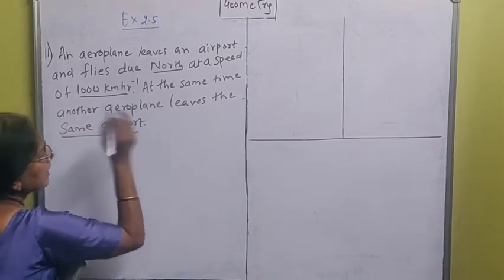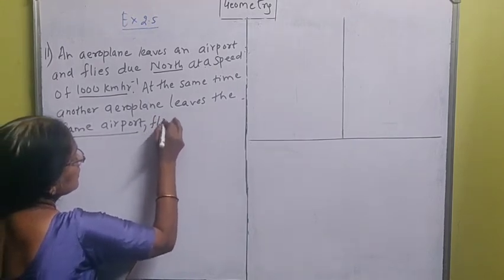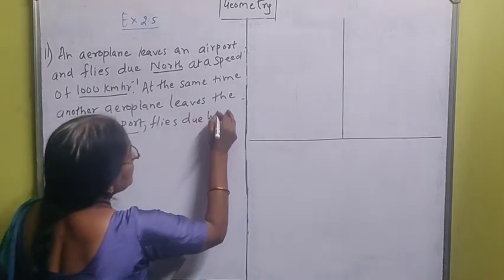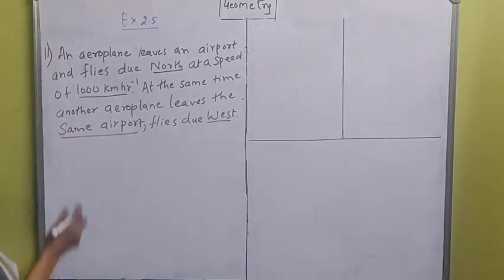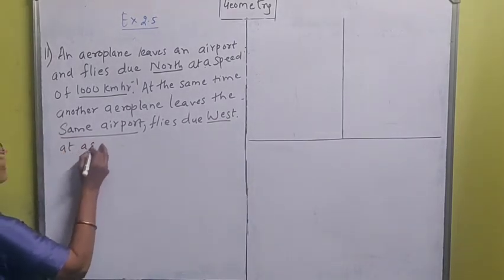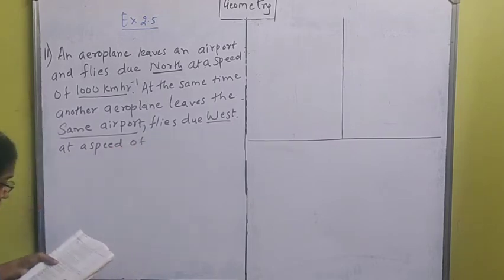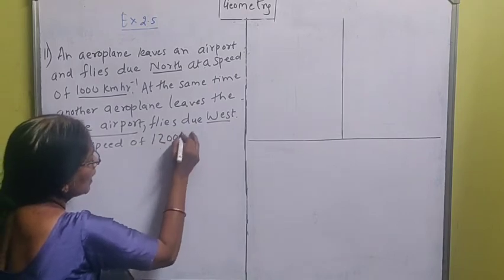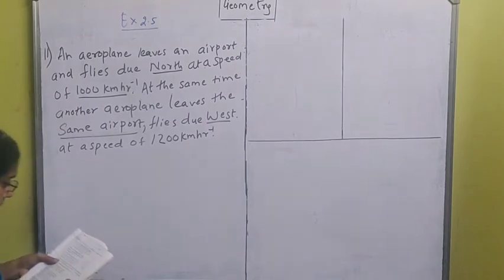So it is leaving the same airport and flies due west. So it is flying in which direction? West direction, at a speed of, what is the speed of the aeroplane given? 1,200 kilometer per hour.